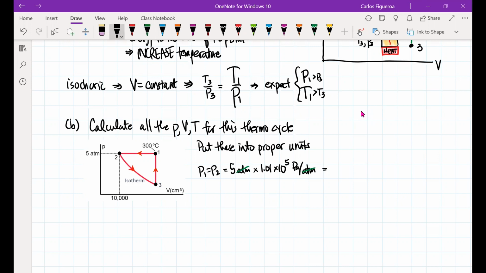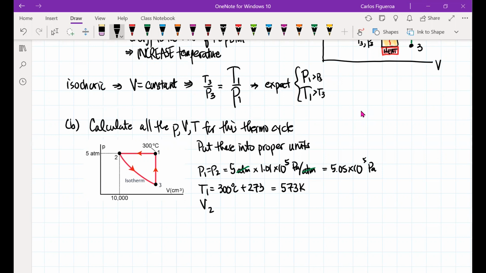So then I get 5.05 times 10 to the 5 pascals. Then I look at my temperature at T1. It says 300 degrees C, but if I add 273, I now get 573 Kelvin.